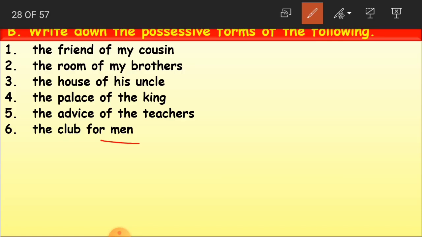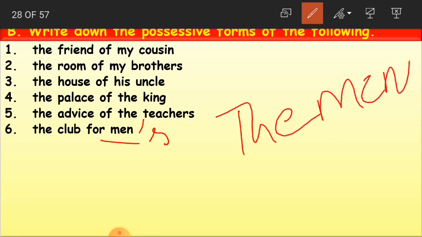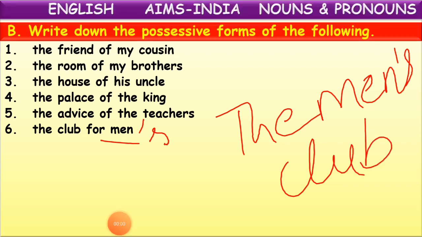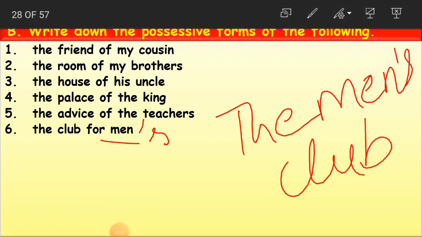So such types of nouns, if you have to write them in possessive form, you have to add apostrophe and s, as we do for singular nouns. The club for men becomes the men's club. Clear? The men's club.